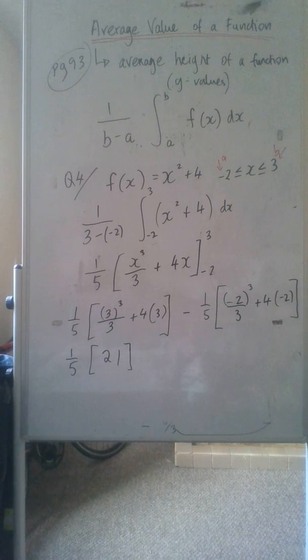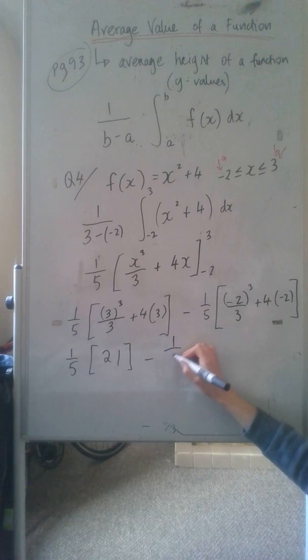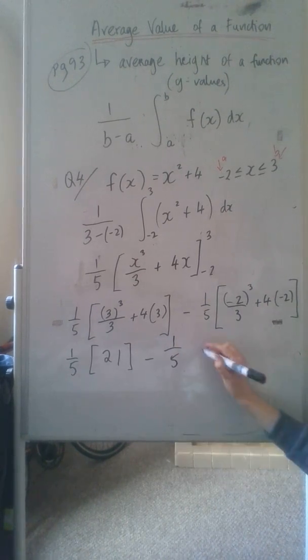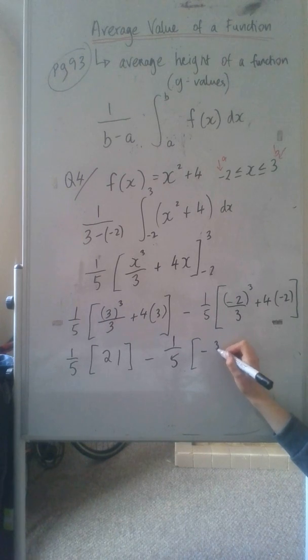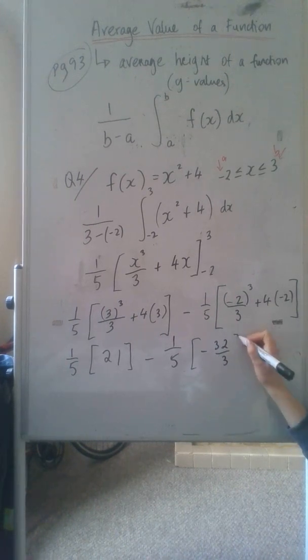Double check that because I always double check my calculations. It's so easy to put something in wrong. Yeah, that's good. And then 1/5. This is going to be -8 divided by 3, because -2 cubed is -8. And then -8 here, which is -32 over 3.